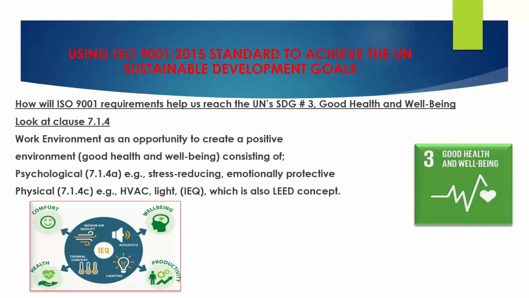So I believe that this clause 7.4.1.4 is highly related to this United Nations Sustainable Development Goal, which is good health and well-being, when we look at the subsections or the detailed explanation. And again, there is a small box that I made here. Can you see that?